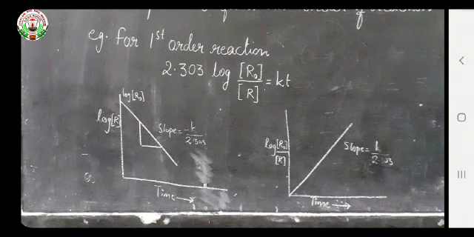against log of concentration of R versus time, here the graph that we got is negative. It means the concentration of reactant is going on decreasing with the passage of time.